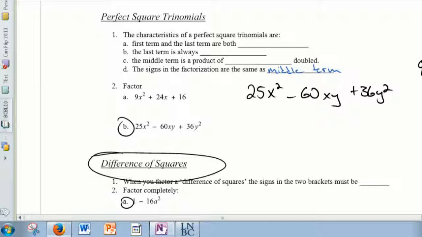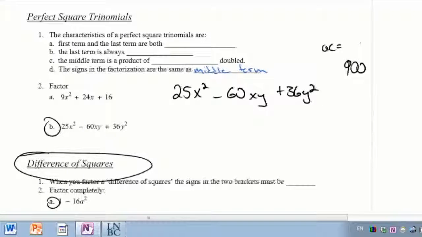So if I do the AC method, just like I'd factor any other question, I get 25 times 36, which gives me 900. I need factors of 900 that add to 60. I'm thinking 30 times 30 is probably the one.